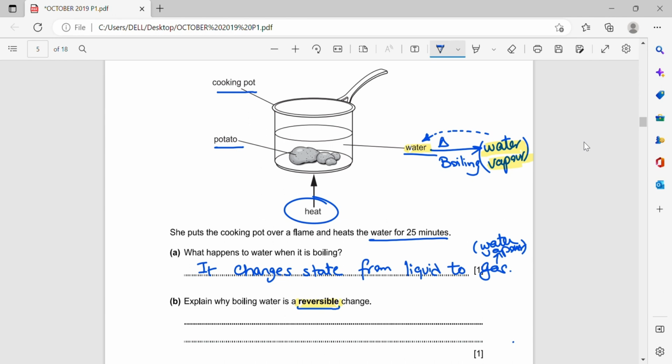So boiling water is a reversible change because you can get back the water by changing from water vapor into water. So the answer is the evaporated gas can be changed back into liquid water.